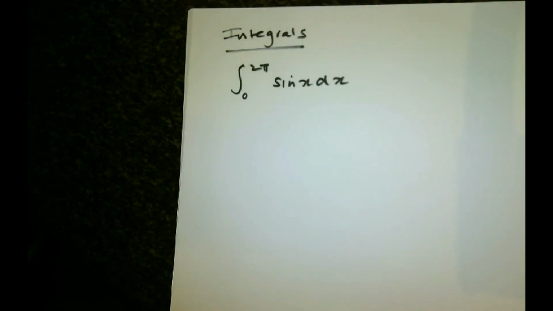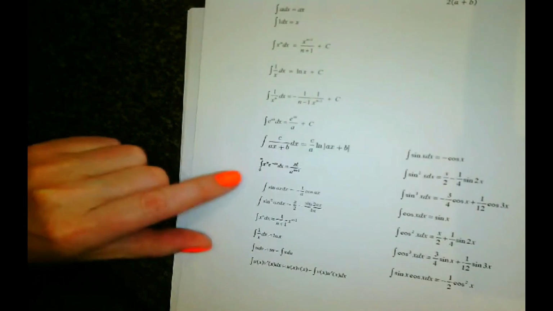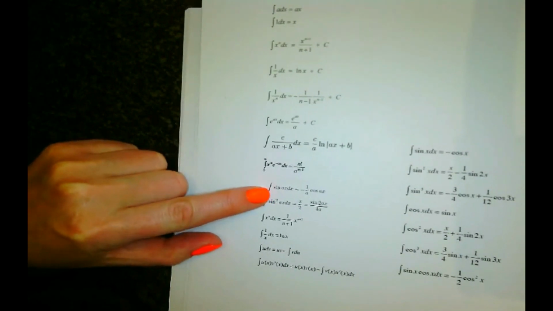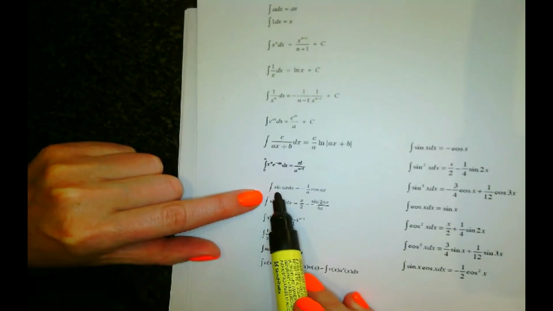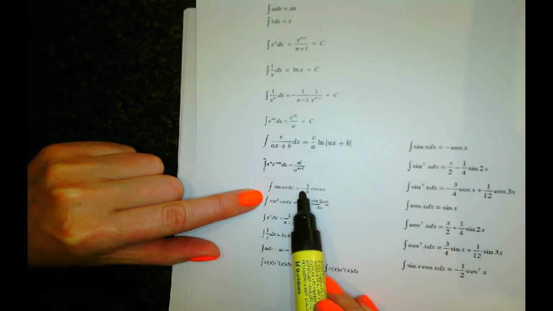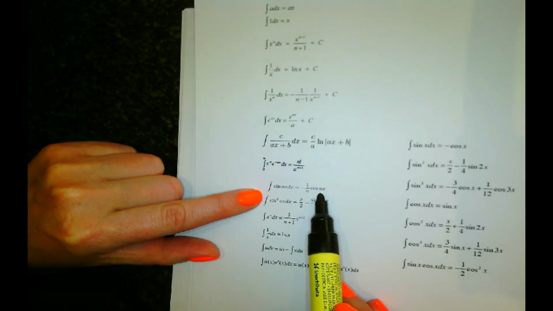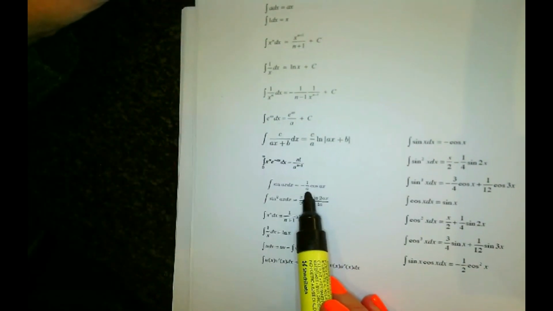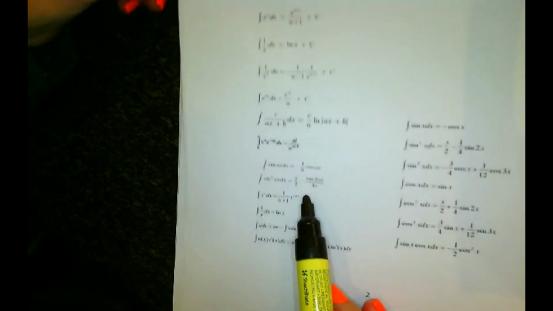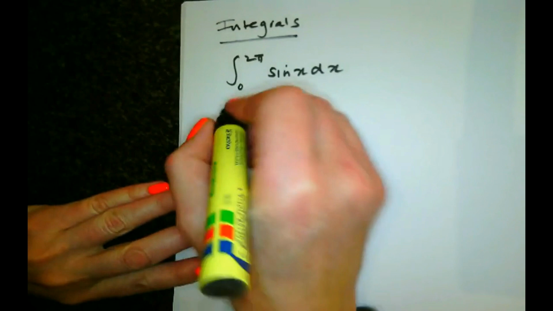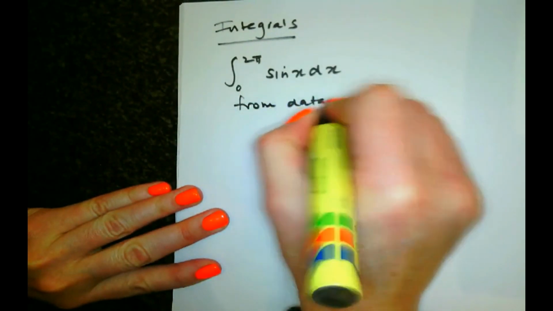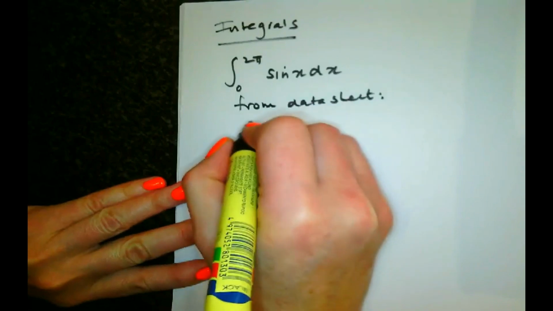Okay, so you don't need to memorize this, you can just go to your data sheet, to the section under integrals, and if you browse through this you will find that relation that says integral of sin ax dx is minus 1 over a cos ax. Now in this case it is not exactly the same as the equation we have, but we can still use this.